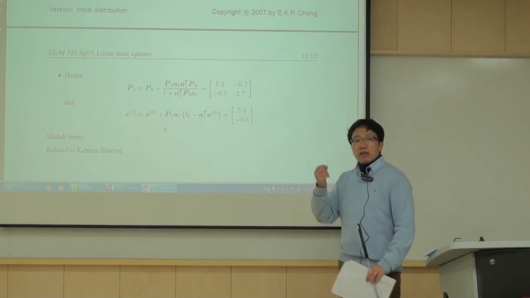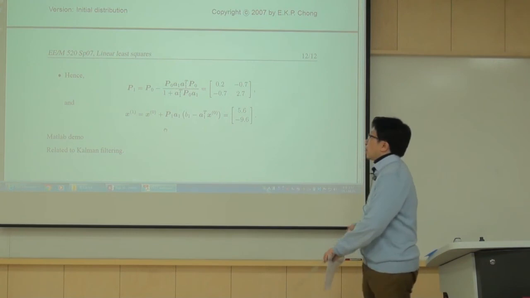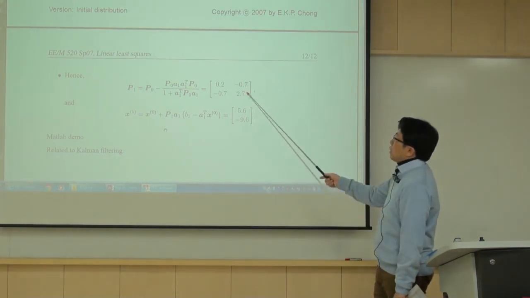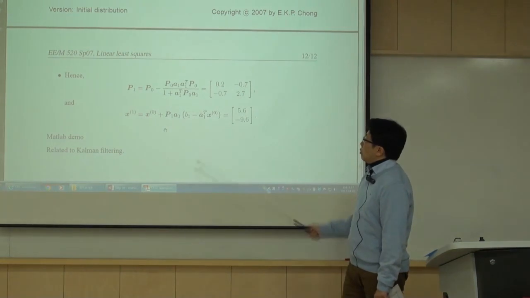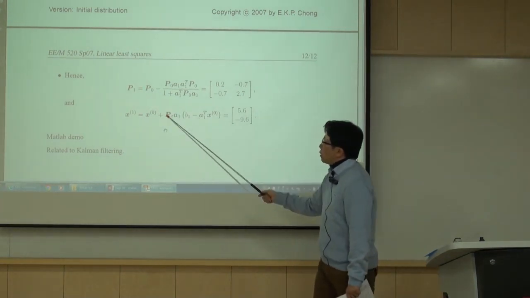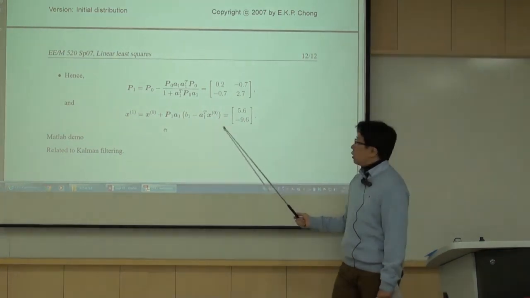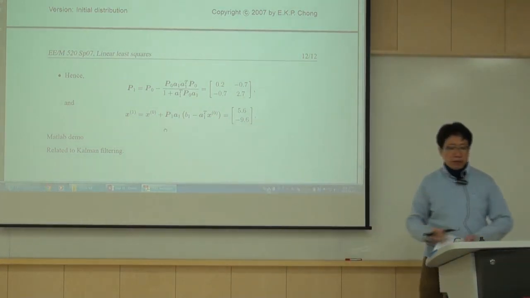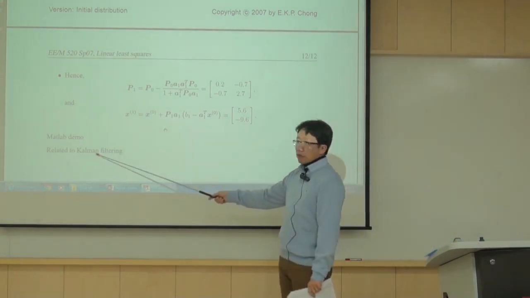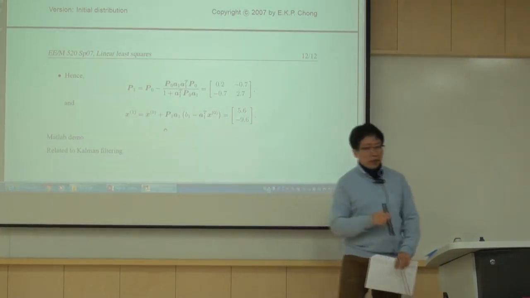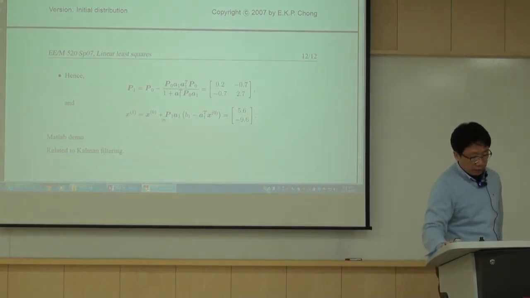It is true when there is random observation noise. So anyway, you have the update without doing any matrix inversion. You plug this value here, and you plug A1, and here is the innovation. And you get the updated value. And the authors also say that this is related to Kalman filtering, and you will see it in EEC 645.